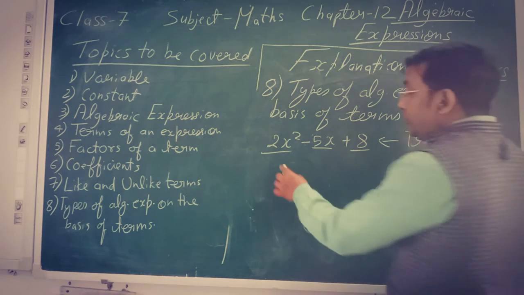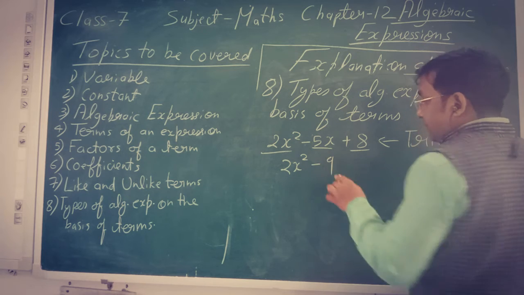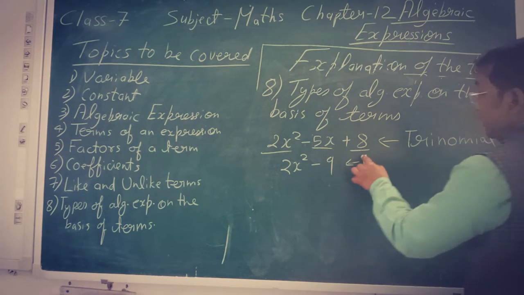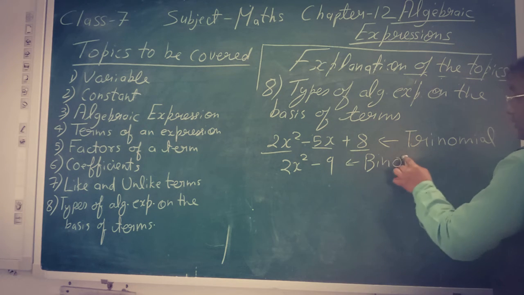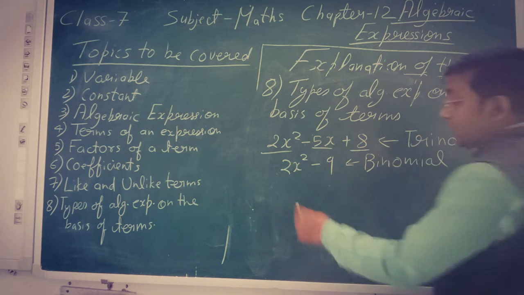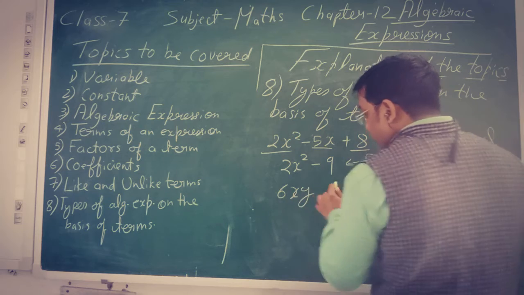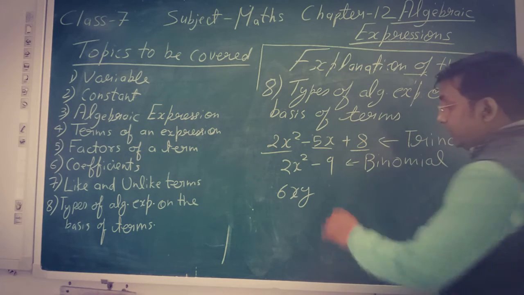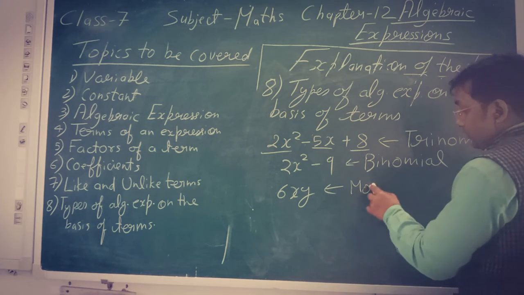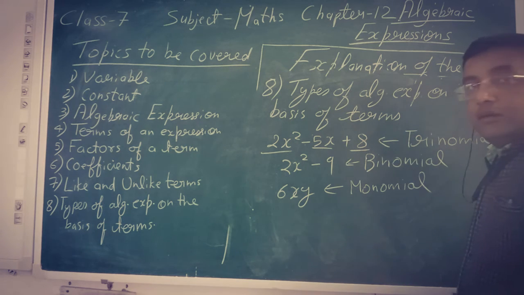If it has two terms, like 2x square minus 9, this will be called binomial. And if it is one term, like 6x, this is a single term, this is called monomial.